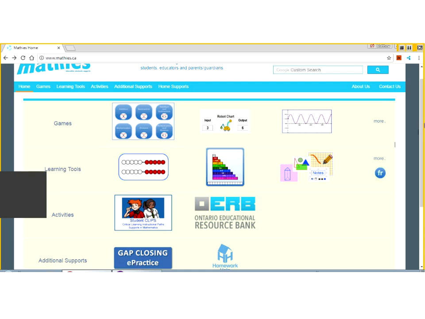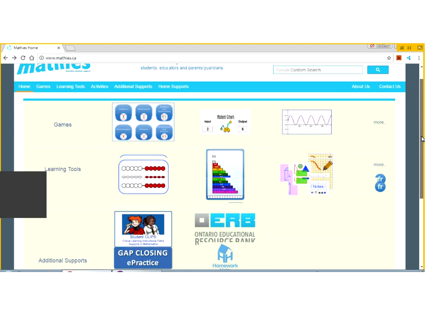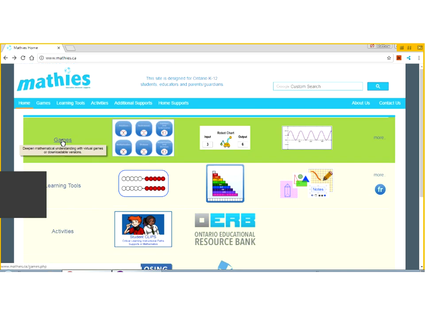You'll notice that there are games, learning tools, and activities. Many of you will know this already, but I keep calling attention to it because for 3 years I was a mathematics resource teacher, and I would always avoid or duck the question about apps or digital things, in part because there are so many, and in part because some of them are a little limited. They only do one thing.